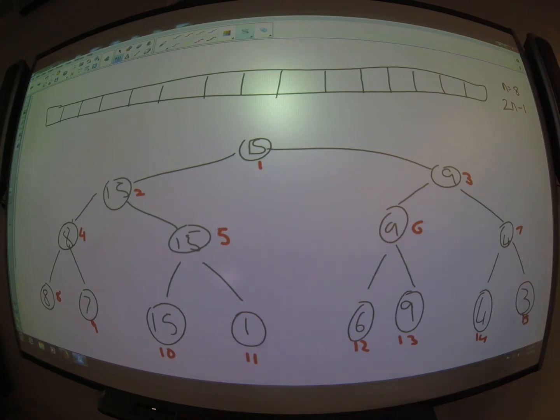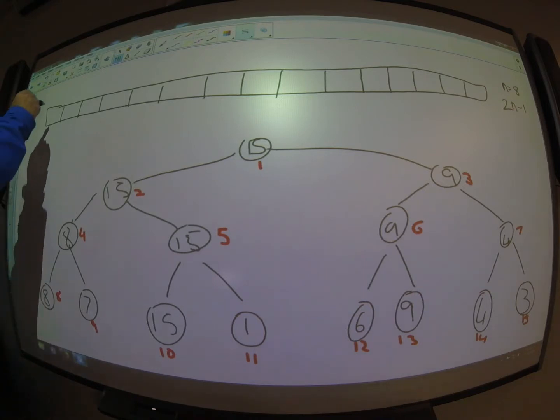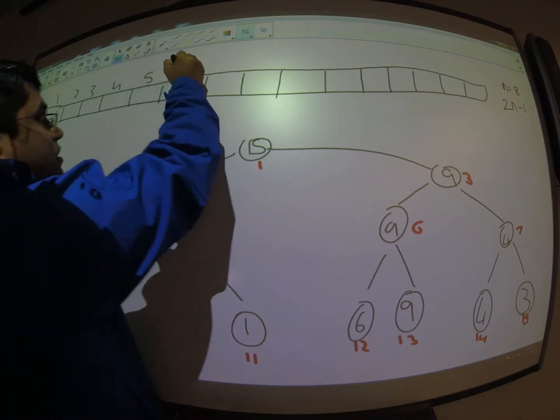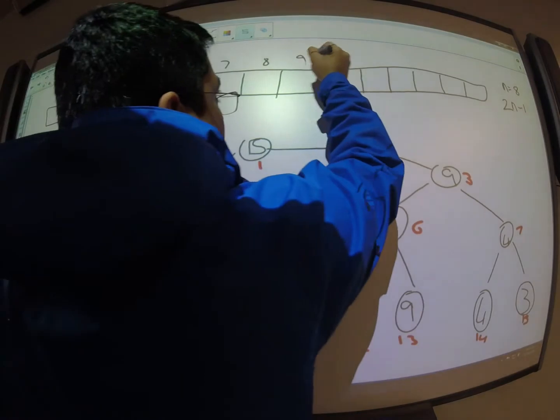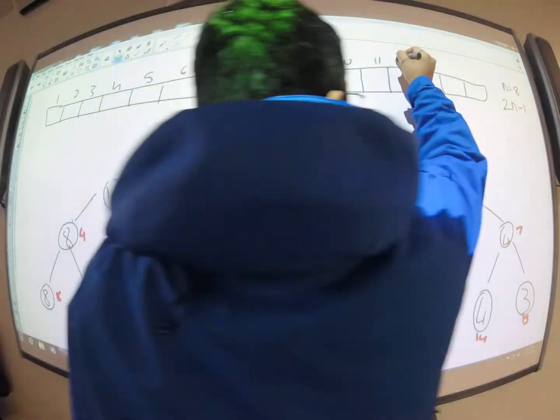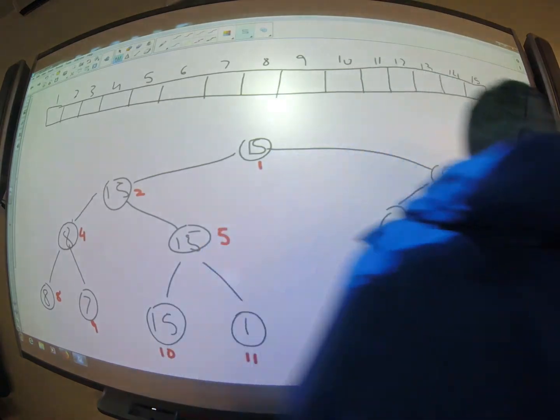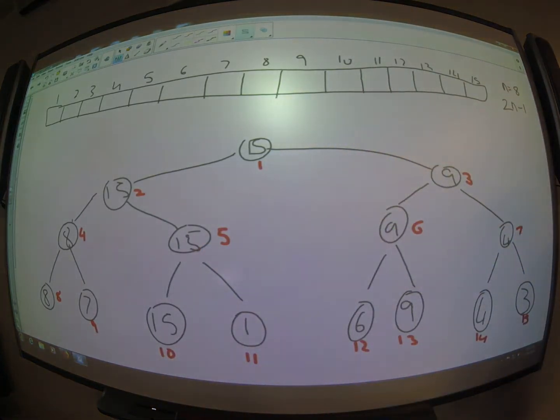Now it's time for me to, in the for loop, start reading in the numbers. I read the first number. For simplicity, I will assume my indices start from 1 and not from 0, so we can all understand this properly. Position 1, 2, 3, 4, 5, 6, 7, 8, 9, 10, 11, 12, 13, 14, 15. So right now I'm beginning to read in my numbers.